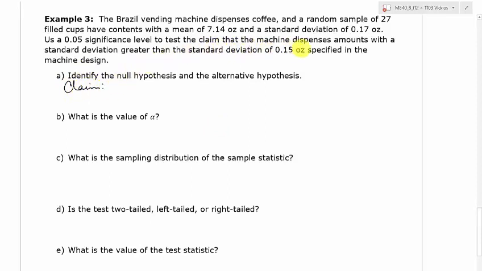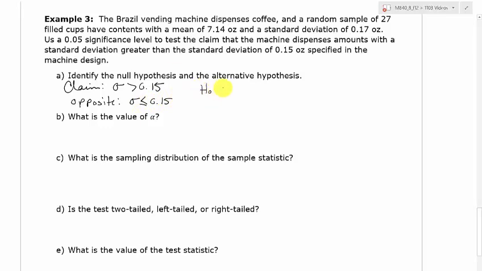The claim is that the machine dispenses amounts with a standard deviation greater than the standard deviation of 0.15. So sigma is greater than 0.15 is the claim. And then the opposite. So opposite of greater than is less than or equal to.